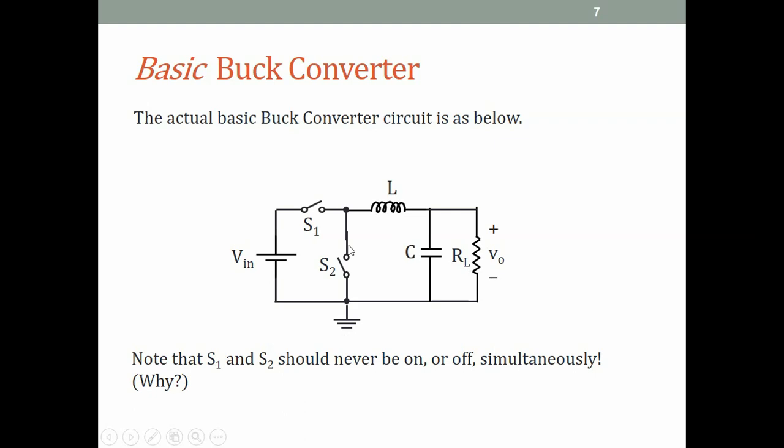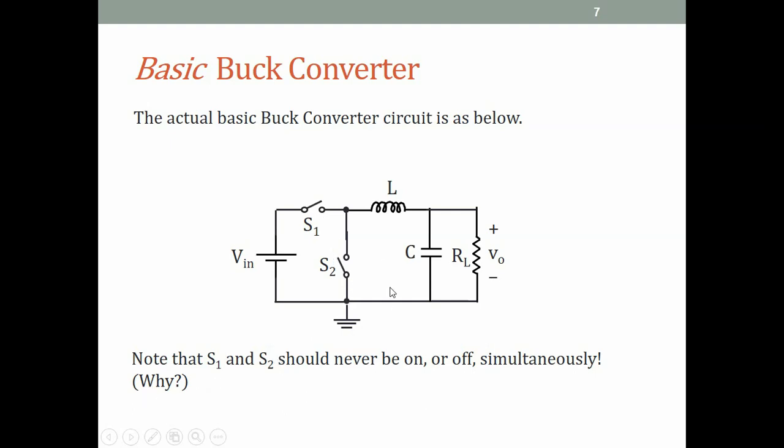Note, very important, when you design this circuit, that S1 and S2 should never be on or off simultaneously. You cannot afford to have S1, S2 on simultaneously. You can see here, it just causes a short circuit. But you cannot afford to have them both off simultaneously also.